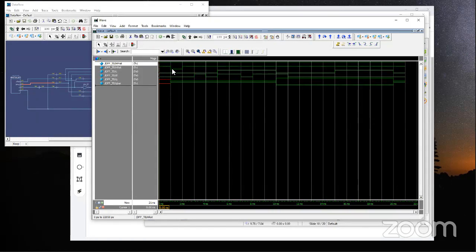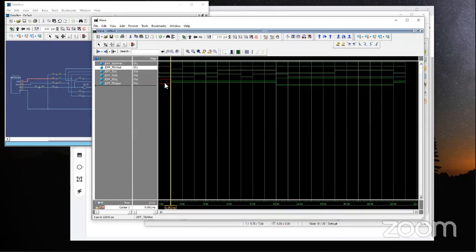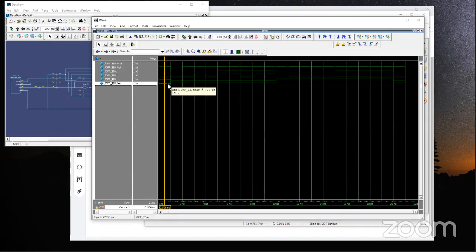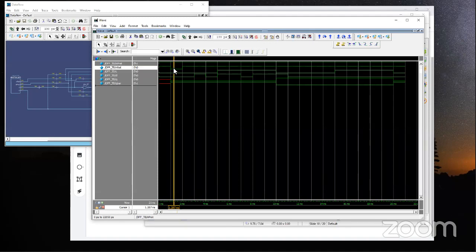So reset really happens when N reset goes to 0. Before that happens, the output Q and Q bar is really unknown. It is not in a known state. As soon as we make the reset 0, you see Q becomes 0 and Q bar becomes 1.